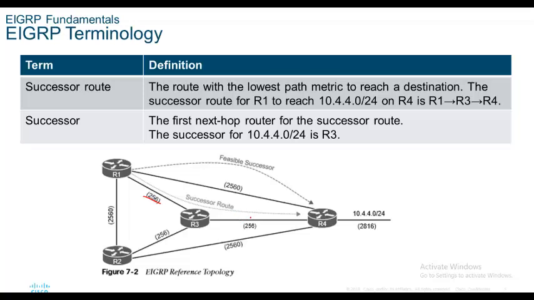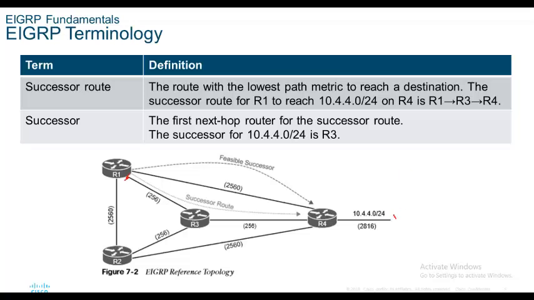Now you need to calculate cost like this. From here to here, which is 256 plus 256 plus 2816. That's the total cost from R1 to R4. Via this way, it is 2560 plus 2816.